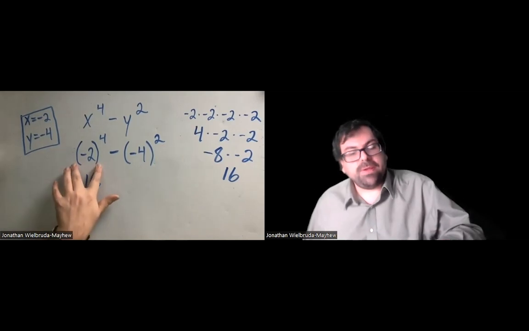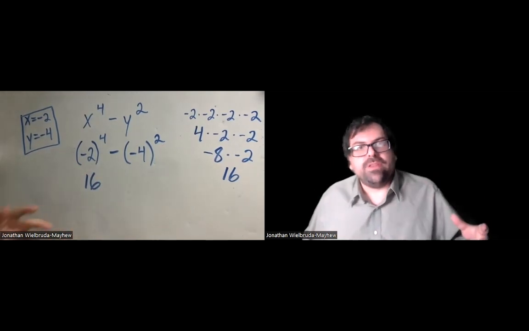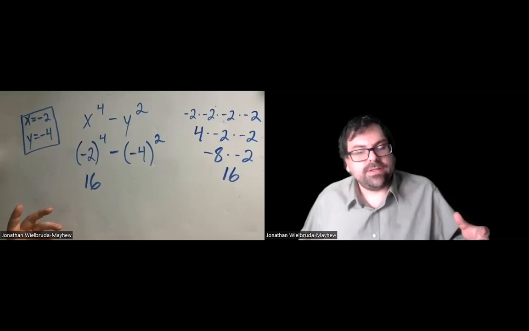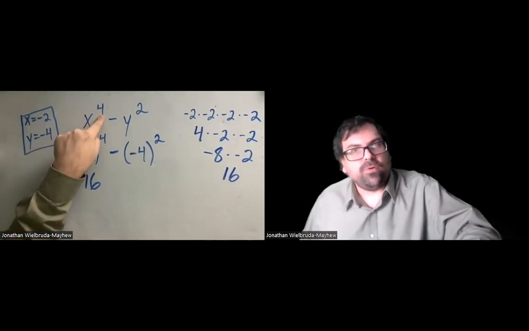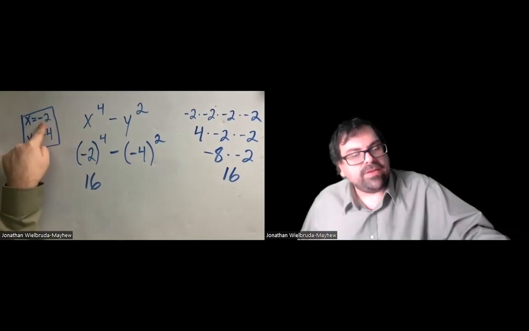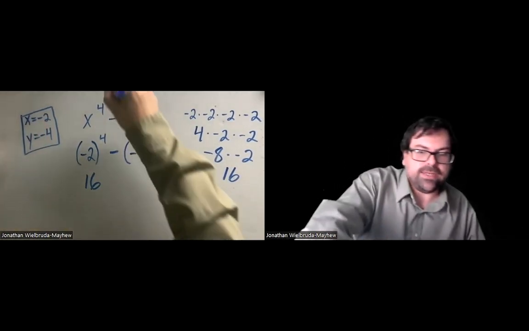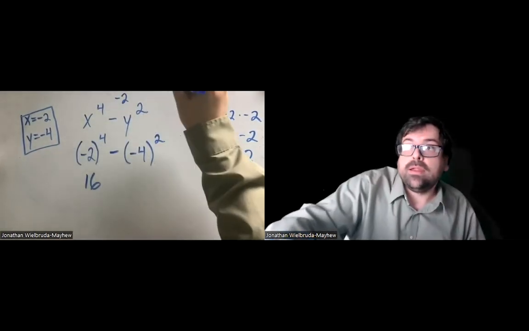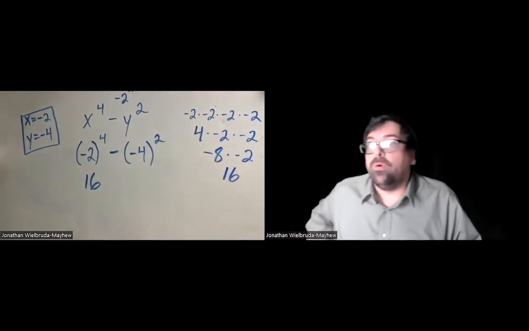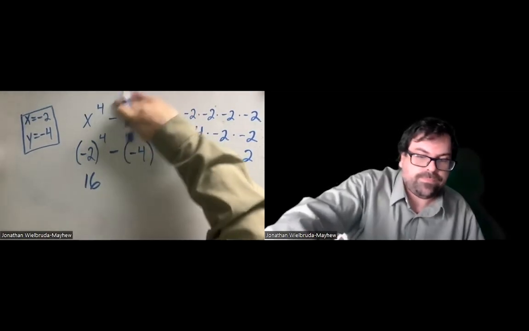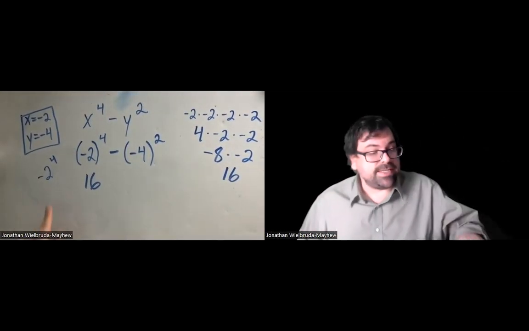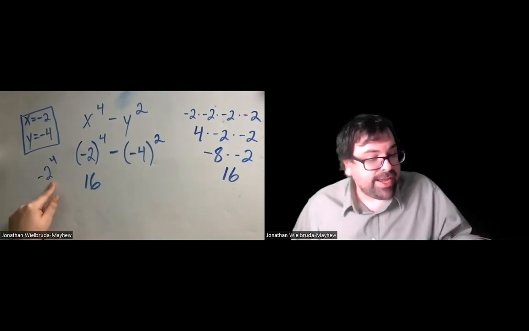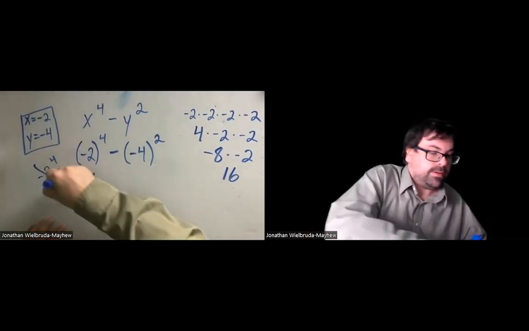How did we know there should be parentheses there? We give the parentheses to ourselves because it is the entire x raised to the 4th power, and that negative is a part of that entire x. So we can't just write -2 to the 4th without parentheses, because this would not indicate that the entire x is getting raised.